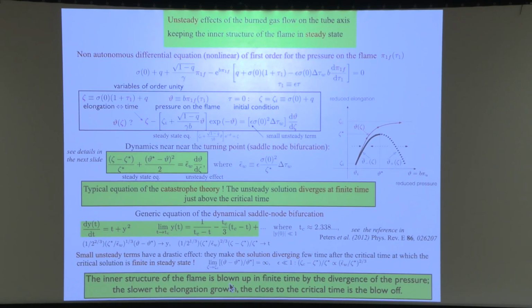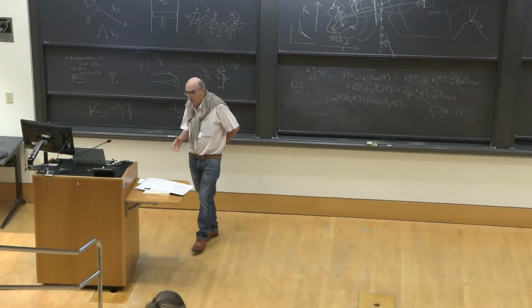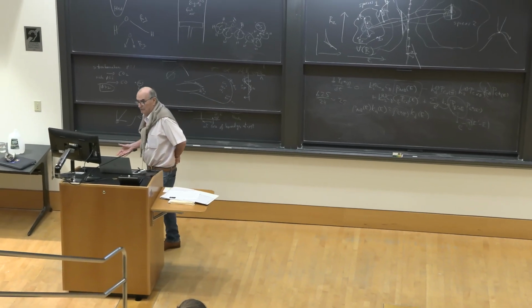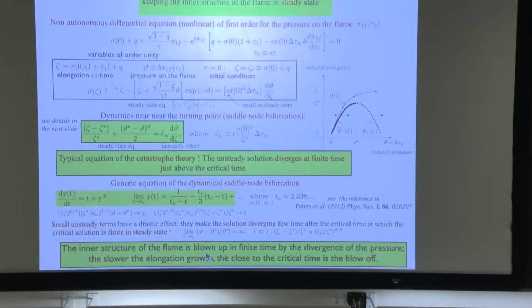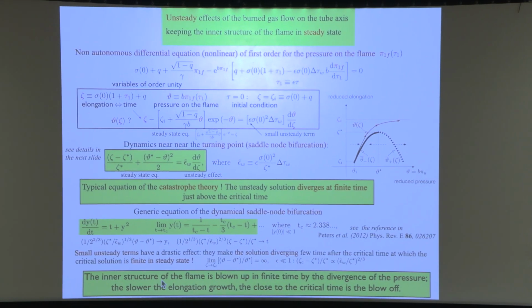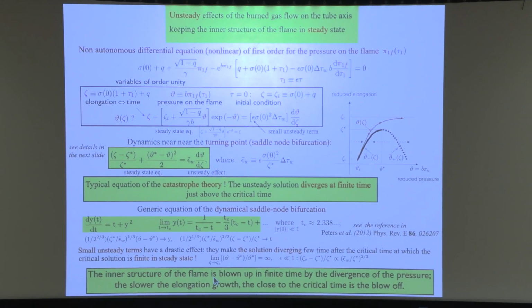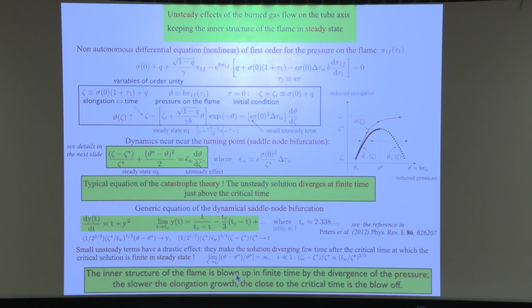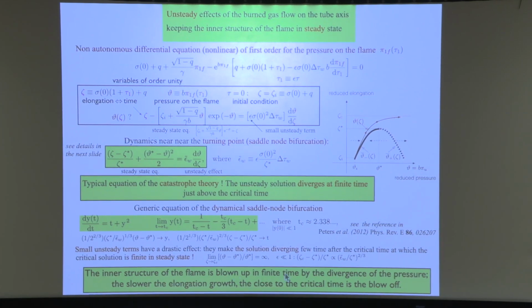But when the pressure is diverging, it is clear that the analysis based on a quasi-steady flame does not work any longer because the pressure is diverging. But it tells you that the inner structure of the flame is going to be blown up in finite time by the divergence of the pressure.